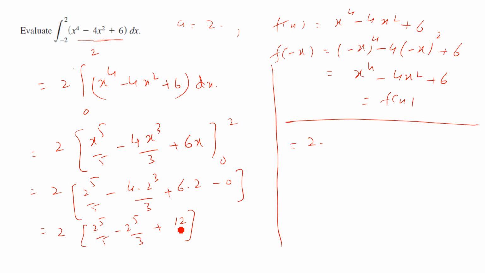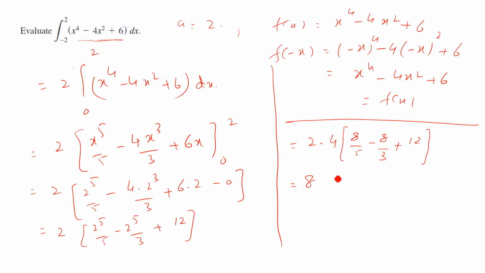Now we can take 2 squared common, that is 4 common. So 4 is factored out. Inside we have 2 cubed, that is 8, 8 over 5, minus again 2 cubed, 8 over 3, plus 12. So we just have to simplify this.